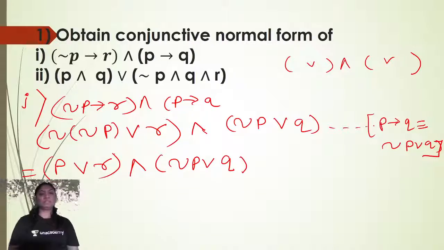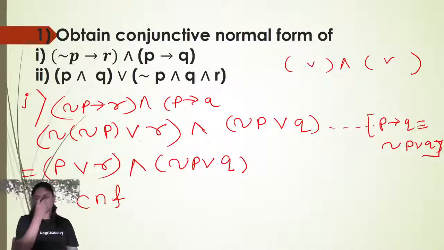Right, this is a simple CNF. As we have seen, the earlier one was a disjunction of fundamental conjunctions; this is your CNF, conjunctive normal form, conjunction of fundamental disjunctions. It's a very simple form. This is the first example.